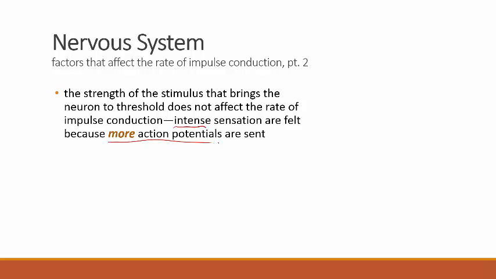We increase the frequency of action potentials, and that tells us we're receiving really intense sensory information. So the difference between just a little bit of pain and a lot of pain is how rapidly the brain is receiving pain impulses, not because we're sending really strong action potentials.